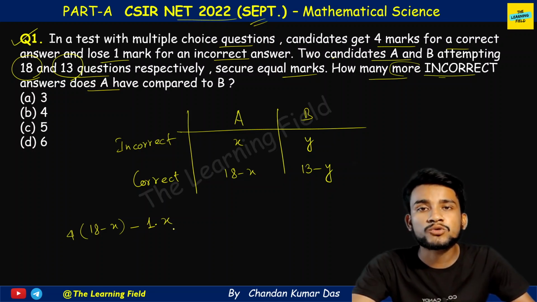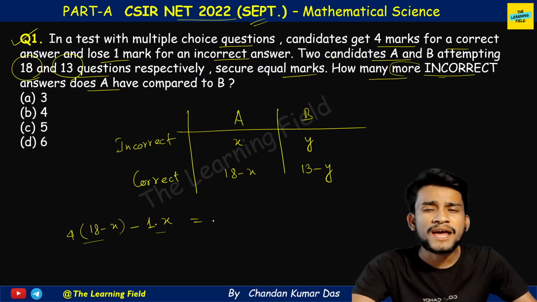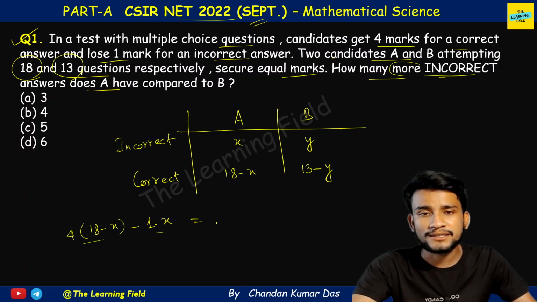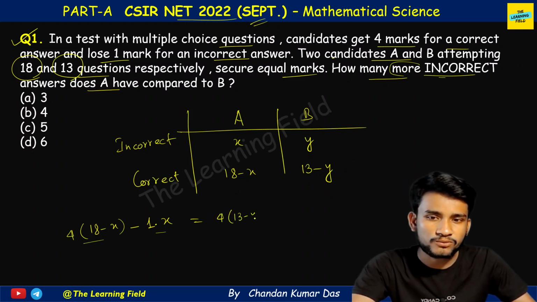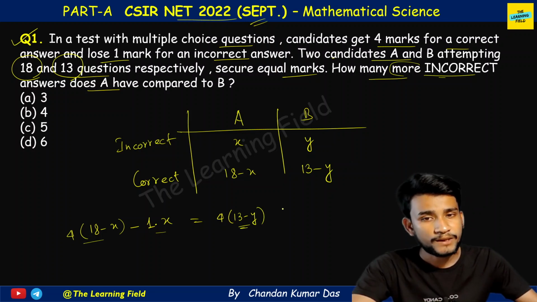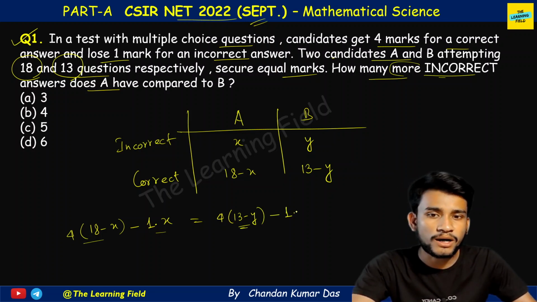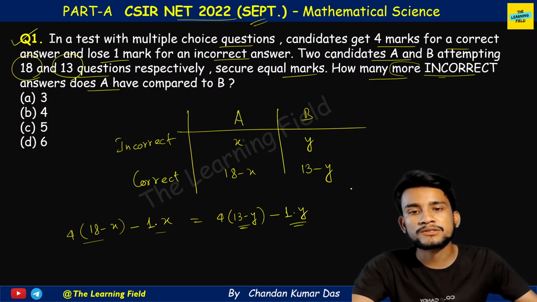So this is the total marks of A. As you can see, in the CSIR Net exam also there is negative marking, and negative marking works in the same way. In the case of B, the total marks are 4 into 13 minus y for the correct answers, and 1 into y for the wrong answers. So this is the total marks of B, and this is the total marks of A.